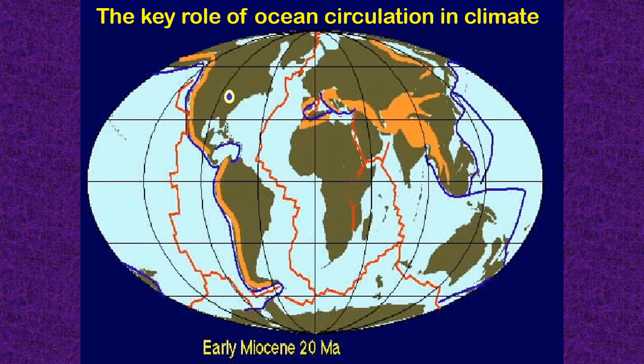Ocean circulation is very closely tied to climate. The location of your continents is going to dictate how your oceans circulate, how you move that warm or cold water around, and whether you form ice in one place or another. You'll see a record of that in the isotope fractionation of single-celled organisms like foraminifera.